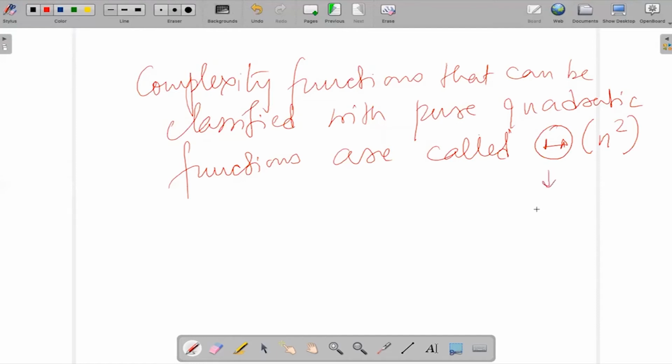So you pronounce this as theta of n square.